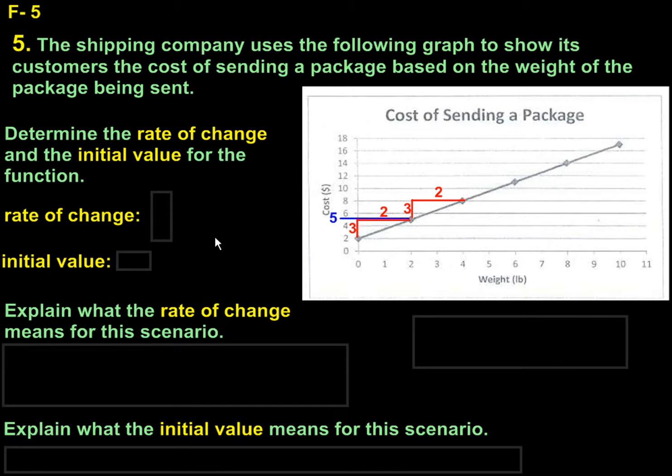So we're looking at a rate of change of 3 over 2. And now we want to look at what our initial value is. Well, at 0, we're starting at 2. So that indicates that our initial value is 2.